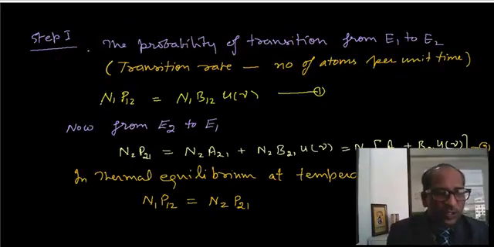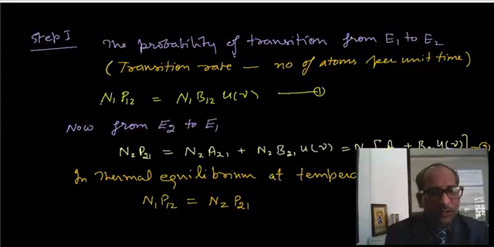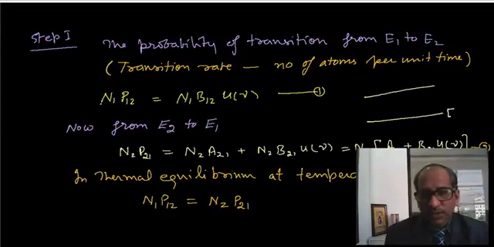The first step in the relationship comes through the transition probability, or transition rate. That means the number of atoms that transit from one state to the other per unit time. For example, there are two states, E1 and E2. There are N1 atoms in E1 and N2 atoms in the excited state at a particular time.